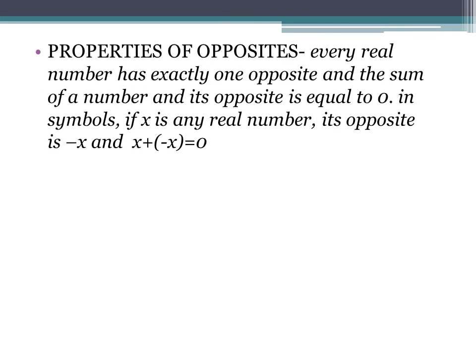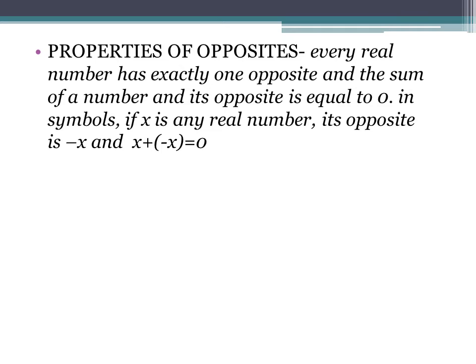Next, we have the property of opposites. Every real number has exactly one opposite, and the sum of a number and its opposite is equal to 0. In symbols, if x is any real number, its opposite is -x, and x plus -x is equal to 0.